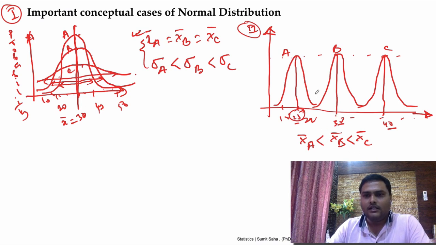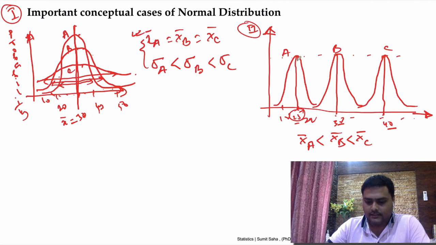Now what else can we conclude from this diagram related to the standard deviation? If you see this related to the standard deviation, in all the cases the dispersion, the spreading of the data, is the same. Clear?